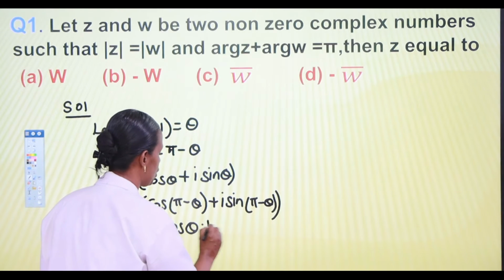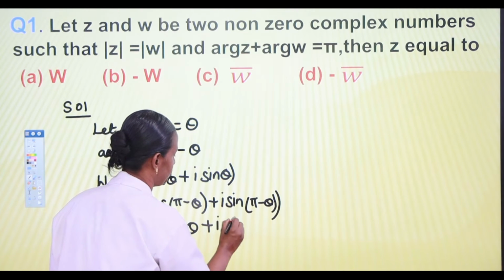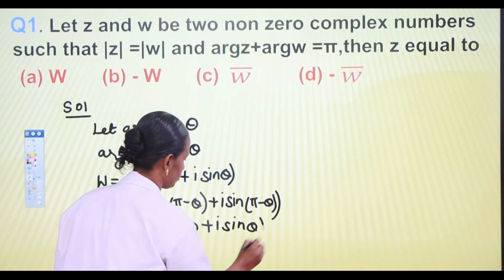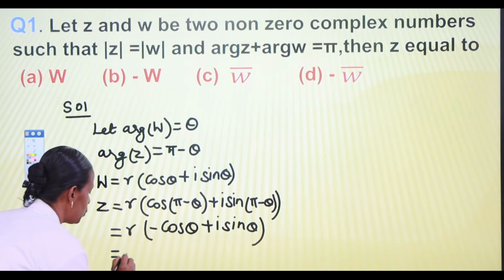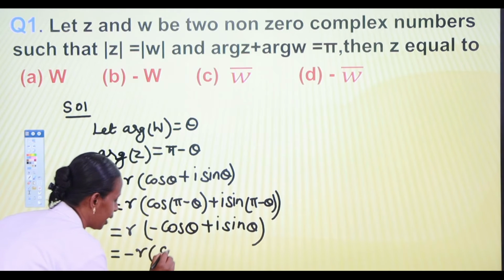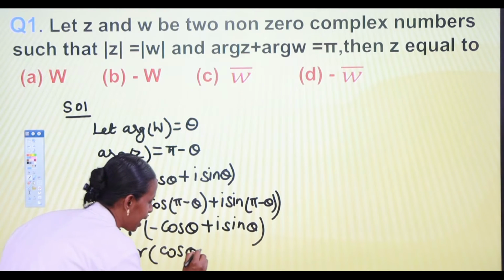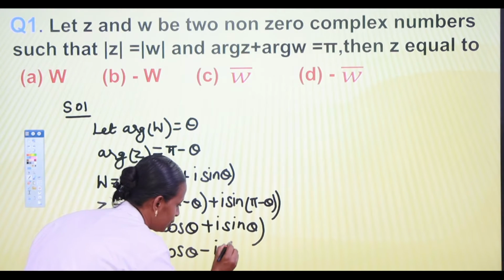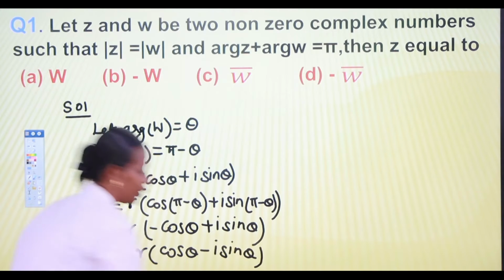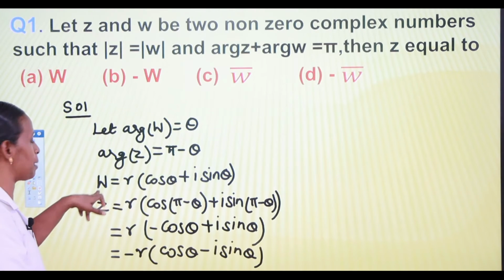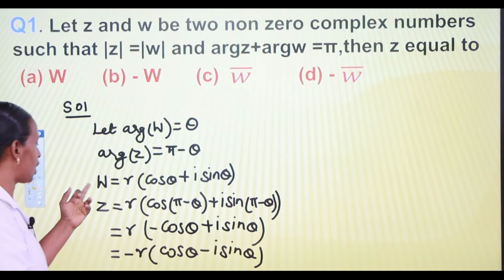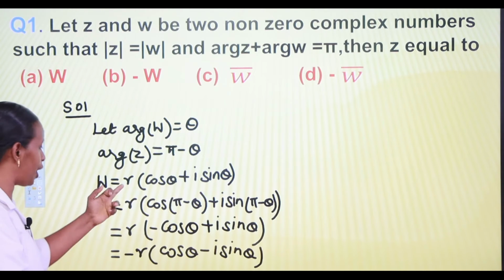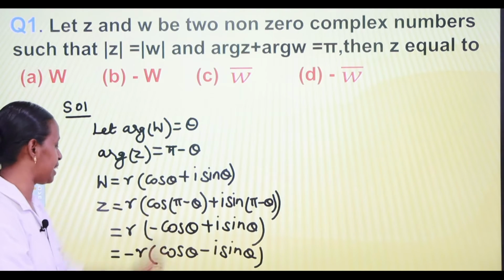So, plus i sin theta. Taking minus common outside, which is equal to minus R into cos theta minus i sin theta, which is nothing but the conjugate of the complex number W. W is here R into cos theta plus i sin theta. Conjugate of this one is nothing but R into cos theta minus i sin theta.